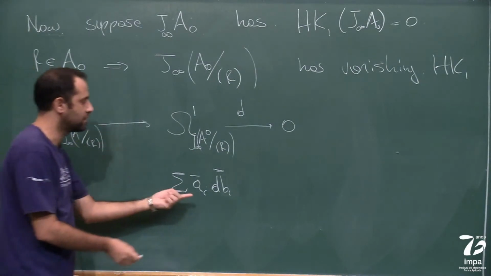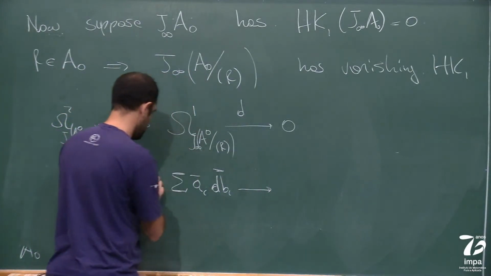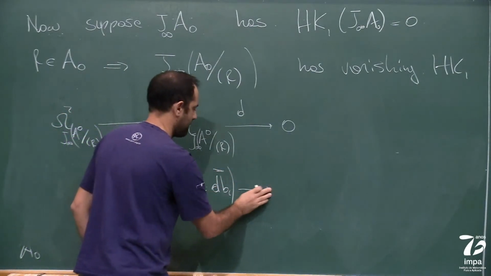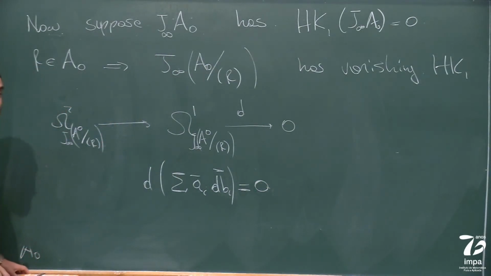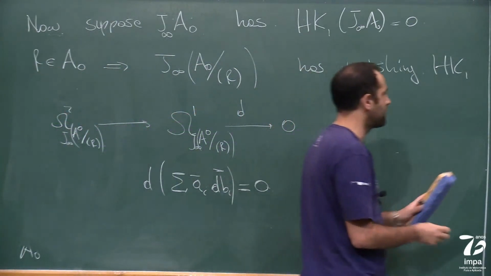And I assume that the differential of this is 0. Okay, we can lift this to the whole algebra A. So pick representatives of these guys in A.